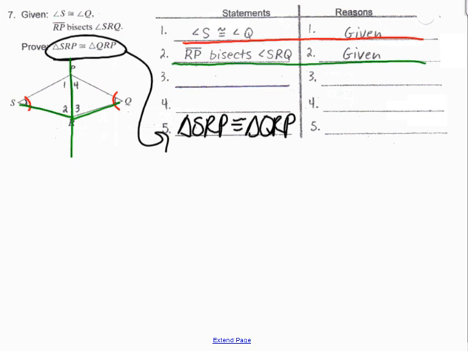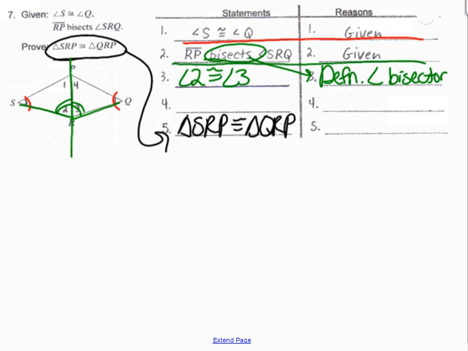Okay, so bisecting means to cut into congruent parts. So that's good, it's congruent parts. And these congruent parts are angles 2 and 3. So angle 2 is congruent to angle 3 by, back in chapter 2, definition of an angle bisector. So I'm done with green.